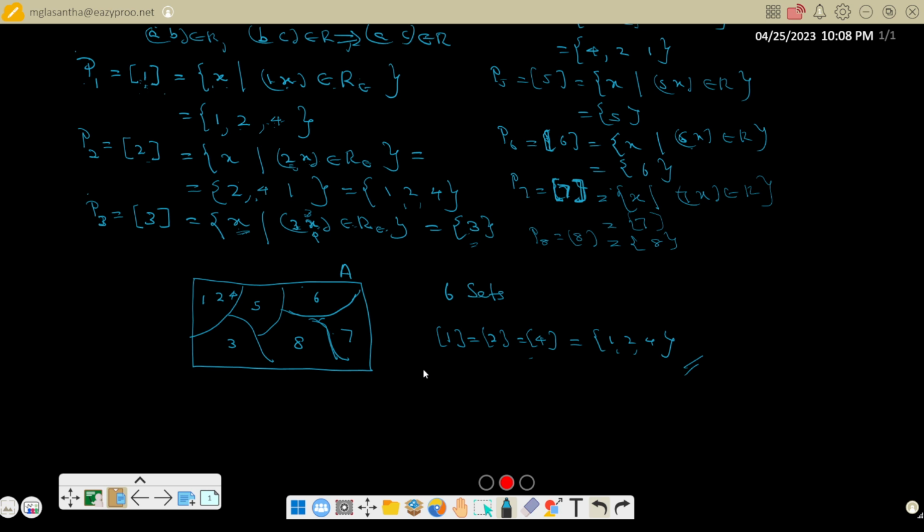But how do you apply the same method for the set of integers? If the parent set is the set of integers, I think we discussed this earlier in a different way, when we discussed divisibility. a equals b modulo n. Can you remember?